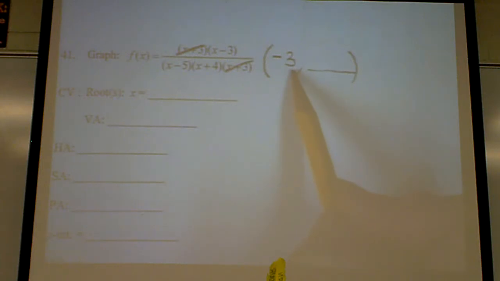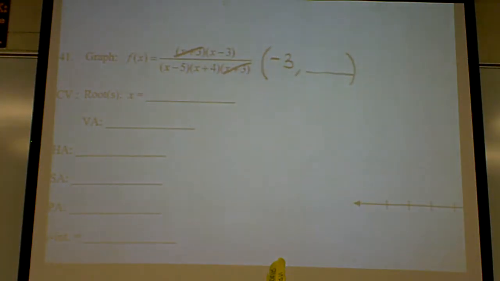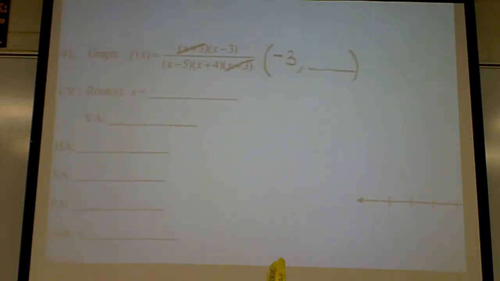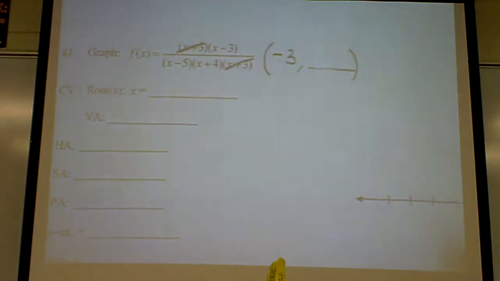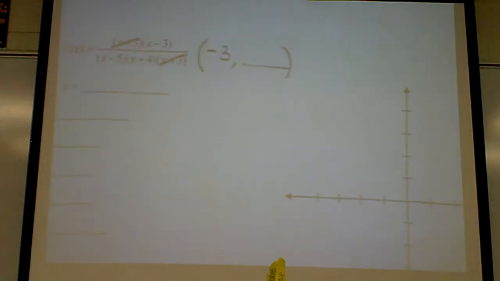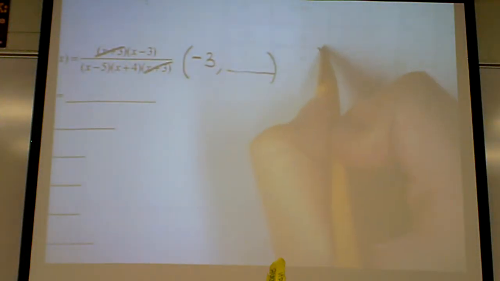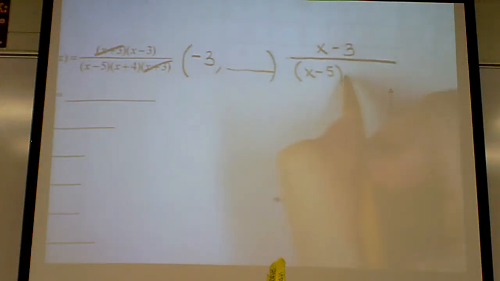We found -3 because we took x plus 3, set it equal to 0, and got our x, -3. Now we need to take our -3 and plug it back in to the equation for x. So we put a -3 into x minus 3 over x minus 5 times x plus 4.